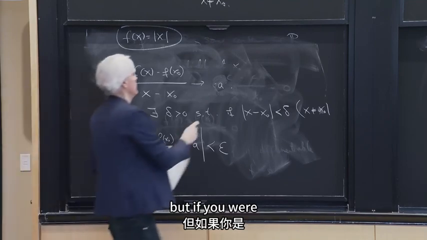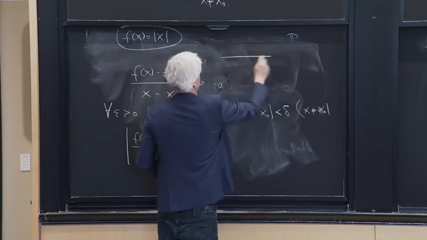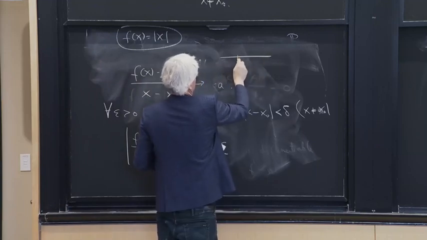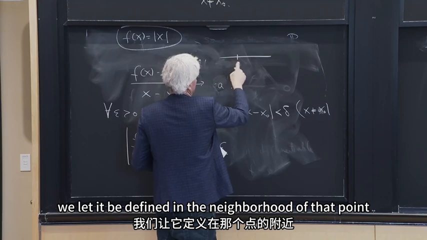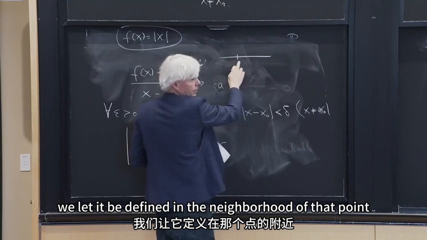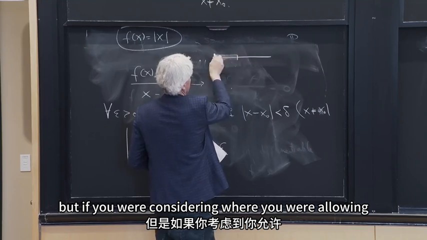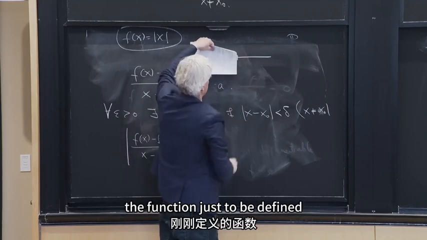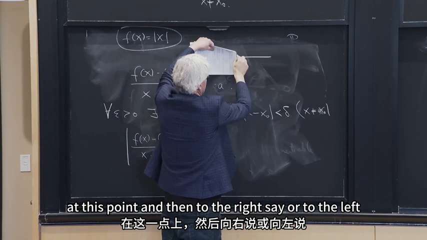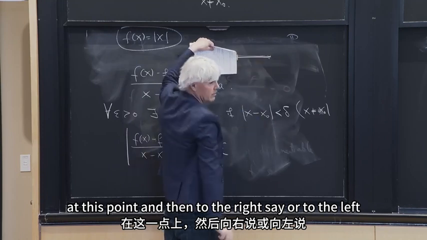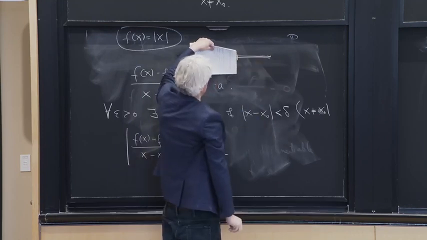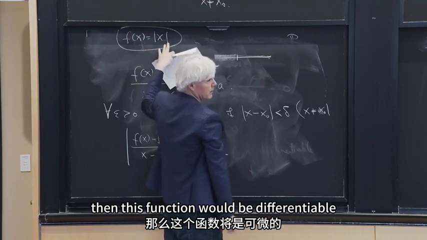In general, when we define derivative, we let it be defined in a neighborhood of that point, on either side. But if you allowed the function to be defined just at this point and to the right, say, or to the left, then this function would be differentiable, right?